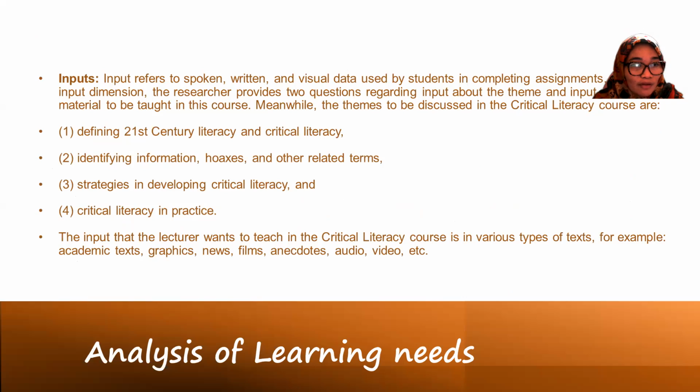So the input itself refers to the spoken, written, and visual data used by students in completing the assignments, which include the input dimension. The researchers provide two questions regarding the input about the theme and input about the materials to be taught in the course. And these are the materials discussed.